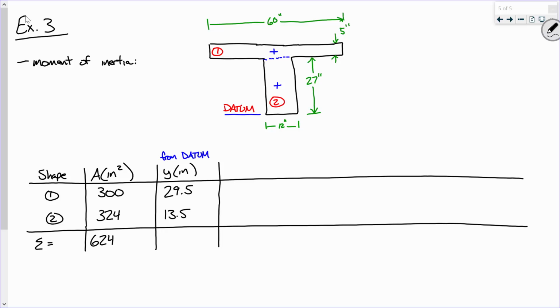In order to determine the centroid, I'm going to need AY. So I'm going to need to multiply each of those. So tell me what's 300 times 29.5 and 324 times 13.5. We got 8850 and what? Somebody else.